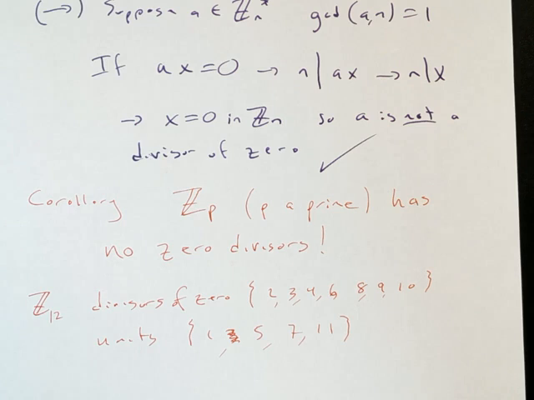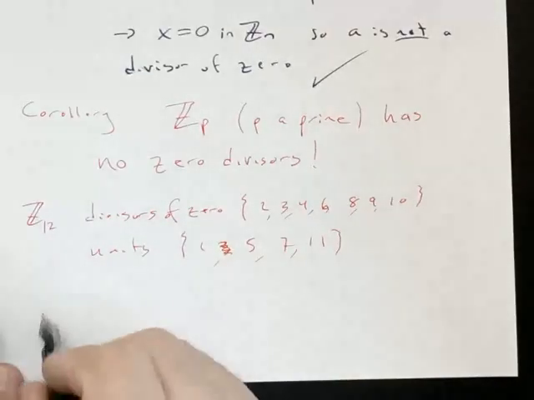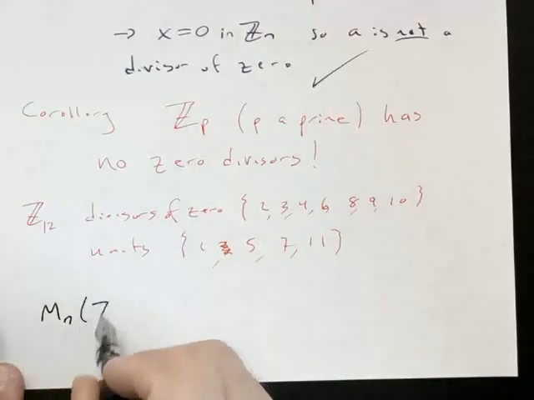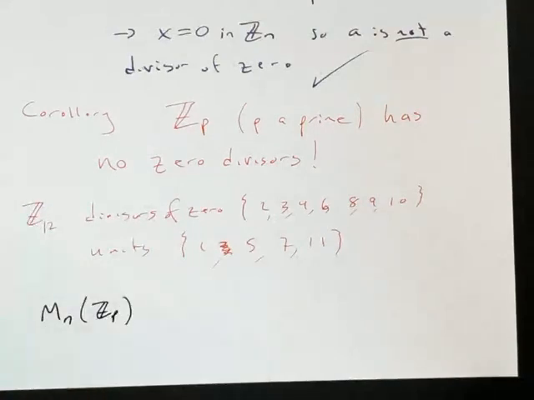So I kept writing Mn of R, right? Where R was some ring, and that means I could do something like this. And I could think of matrices whose entries are in Zn. Oh, I'll use Zp primes, because that's a field.